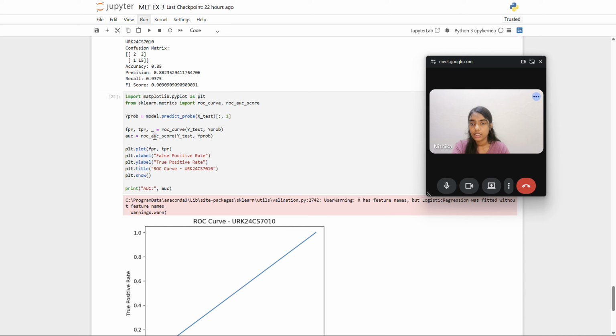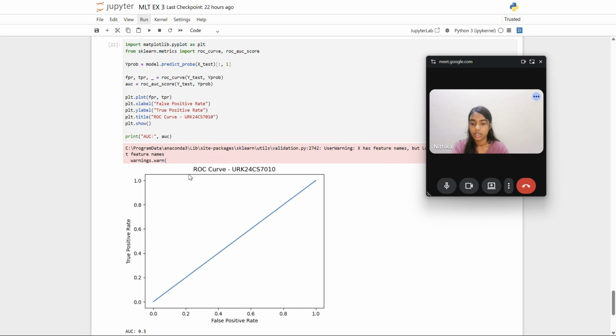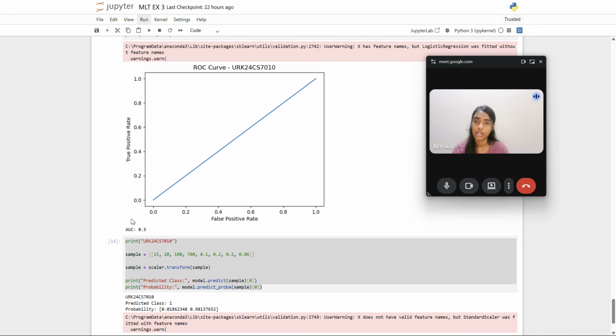So roc_curve calculates the false positive rate and true positive rate. And roc_auc_score calculates the AUC score, which is given here as 0.5. A higher AUC generally indicates better class separation. So the output you have got is a straight linear line.